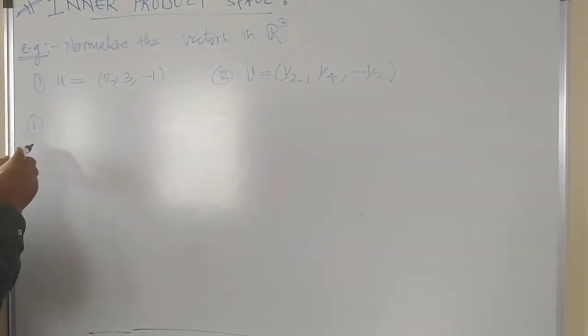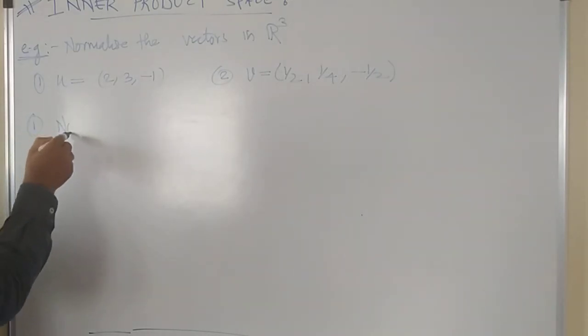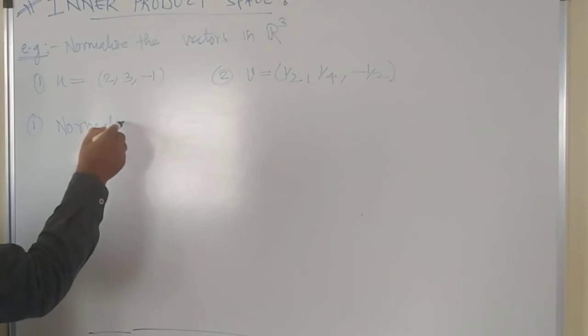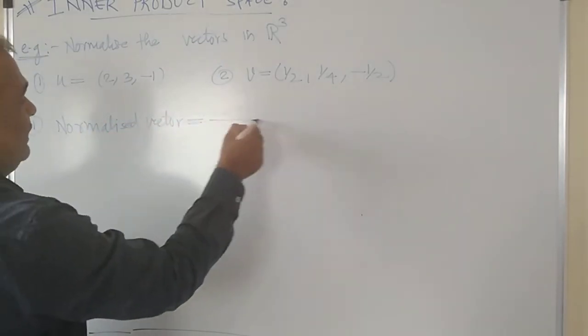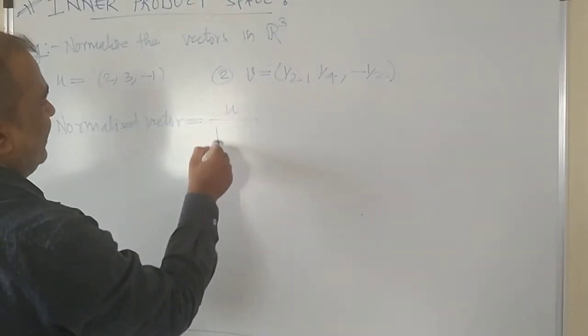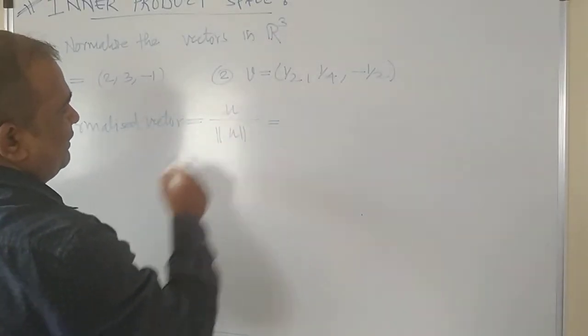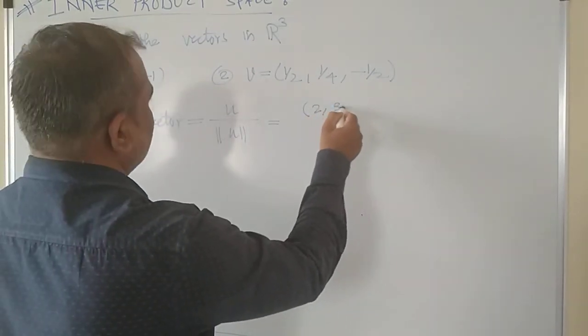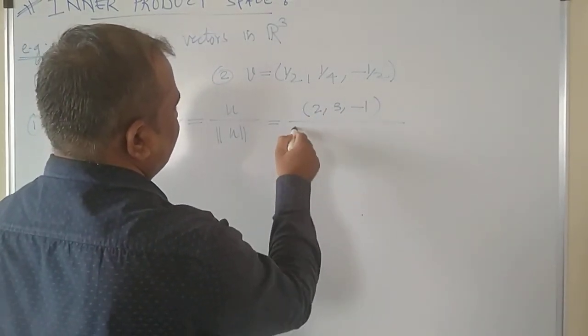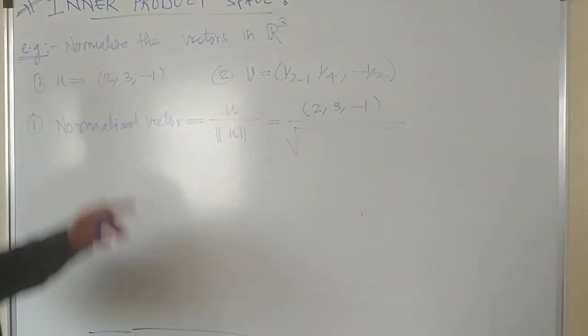So let's go for the first. To normalize the vector, the normalized vector is equal to the given vector u divided by the norm of the vector. This is the way to normalize the vector. So the given vector is 2, 3, minus 1 divided by its norm, which is the square root of the sum of the squares of the components.